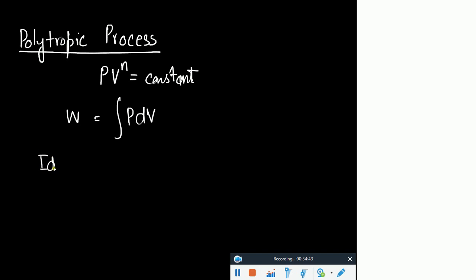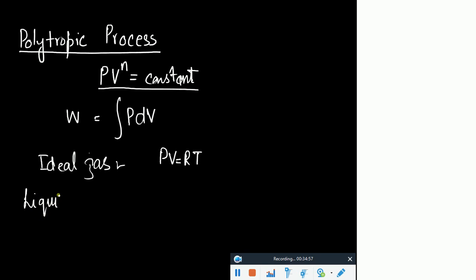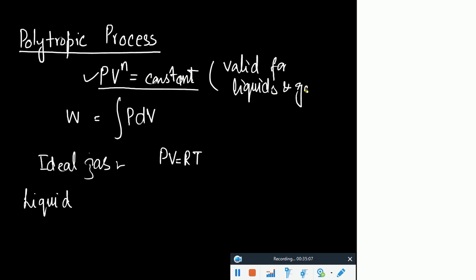So if we talk about some ideal gas, we know that PV equals RT. This polytropic process is valid for both liquids and gases, but this equation is only valid for ideal gas.